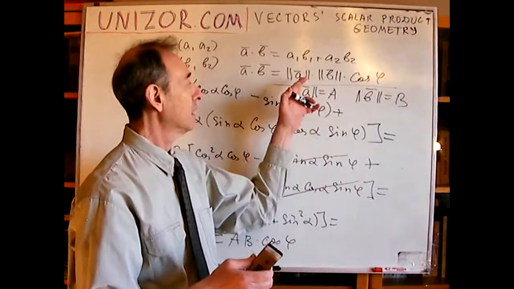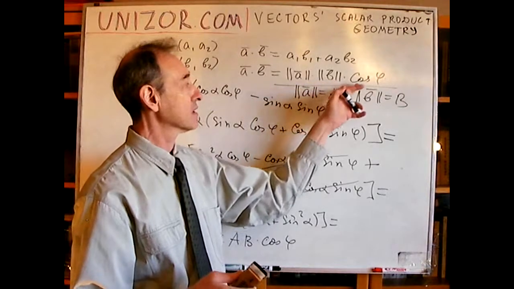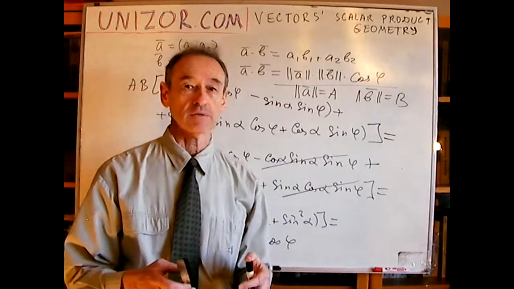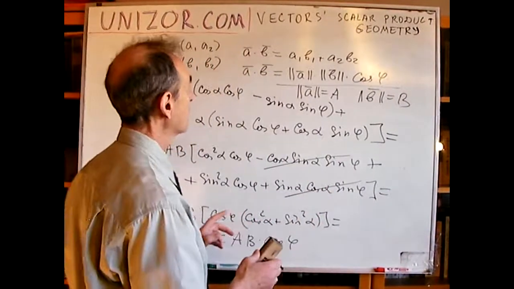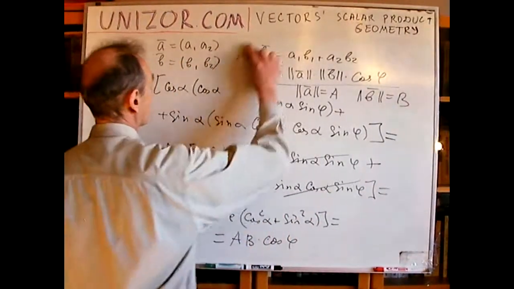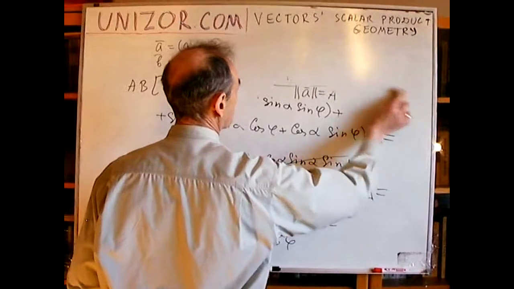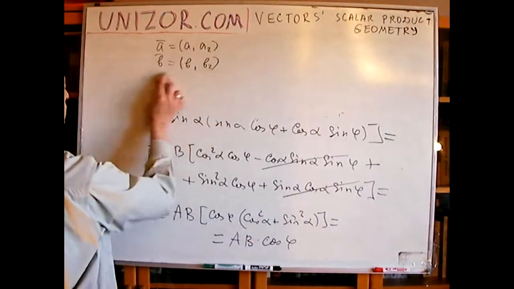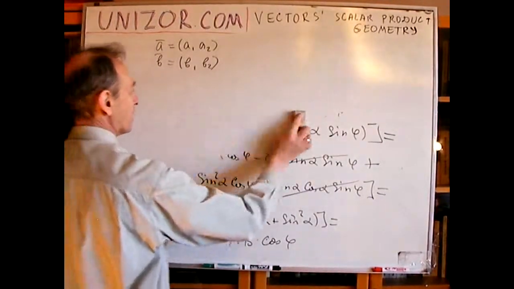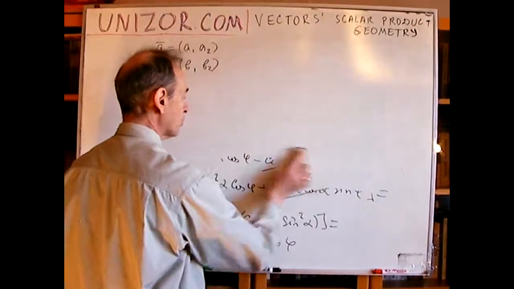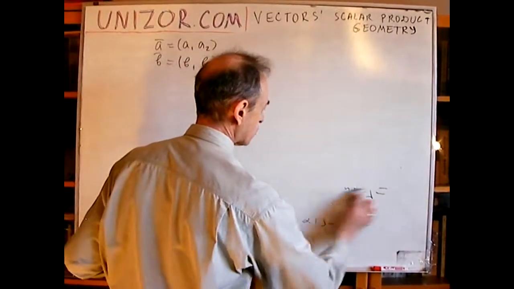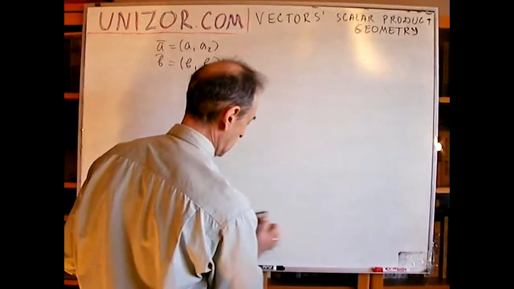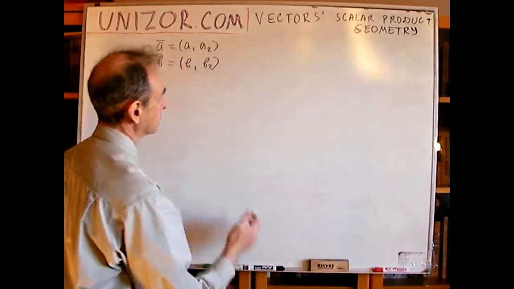It's still lengths times the cosine of an angle between these two vectors in three-dimensional space. So let's go for it and see if I will not make any mistakes on the way. In any case, I put all these calculations in the notes for this lecture, so basically it's really straightforward.